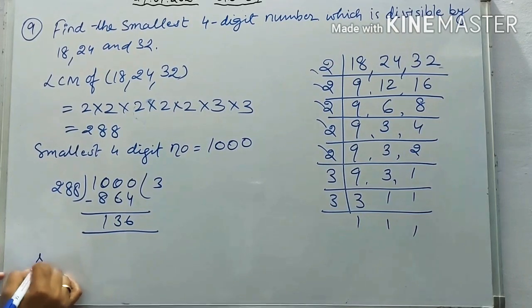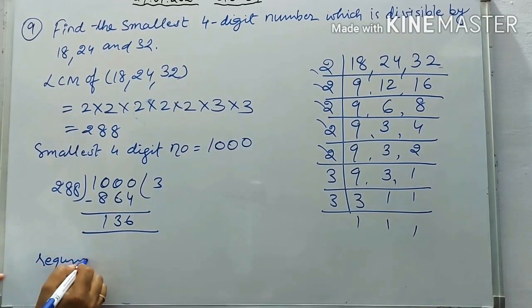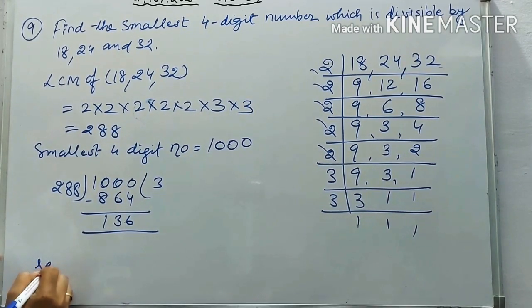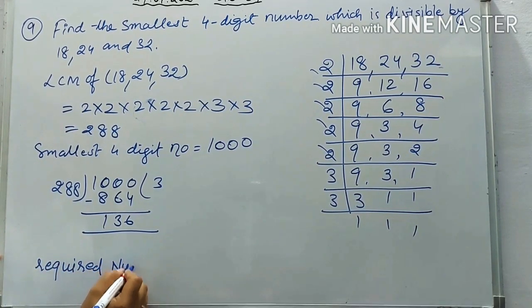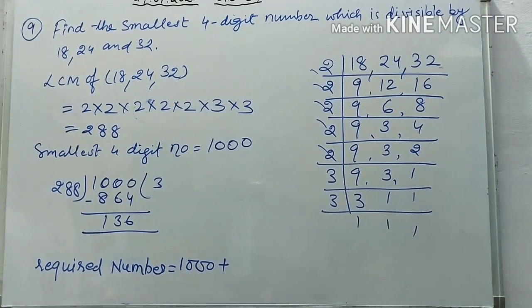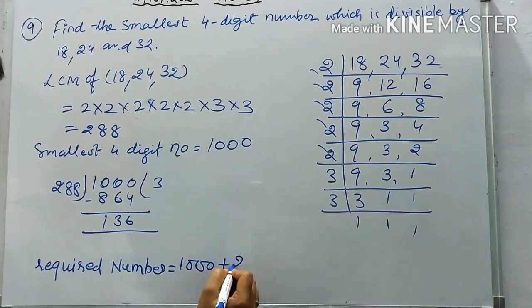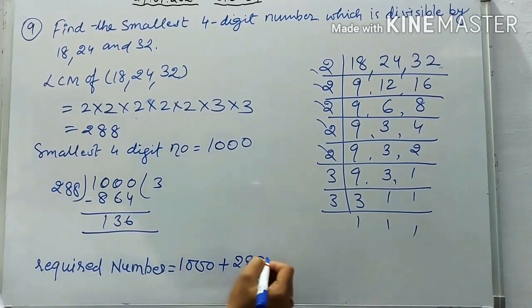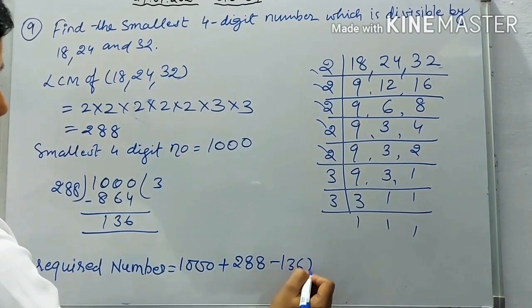So the required number. The correct spelling is required, R-E-Q-U-I-R-E-D. The required number is 1000 plus 288 minus 136.